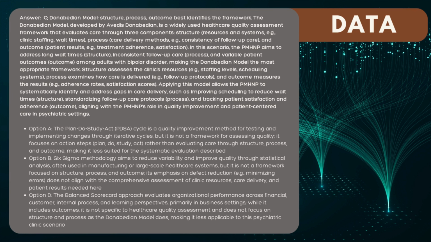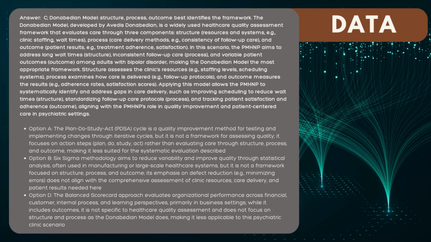We've got long wait times, inconsistent follow up care, variable outcomes, and then quality improvement initiatives that need to be put into place. So the PMHNP is going to seek a healthcare quality framework to assess those resources that are inside the clinic, the care delivery methods, for example, like follow up protocols and patient results, satisfaction scores, and adherence to treatment plans.